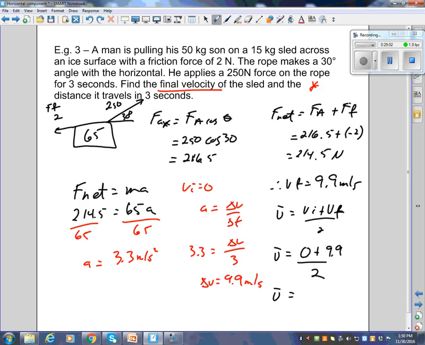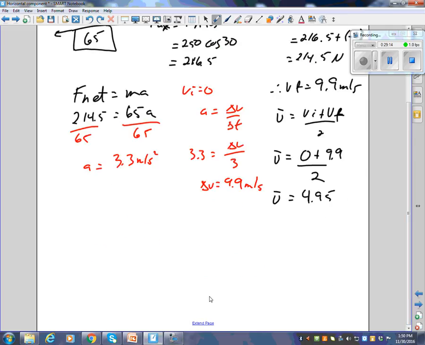So we're going to take 9.9 and divide it by 2. And we get 4.95, which is our average velocity. Well, let me finish the question first of all.